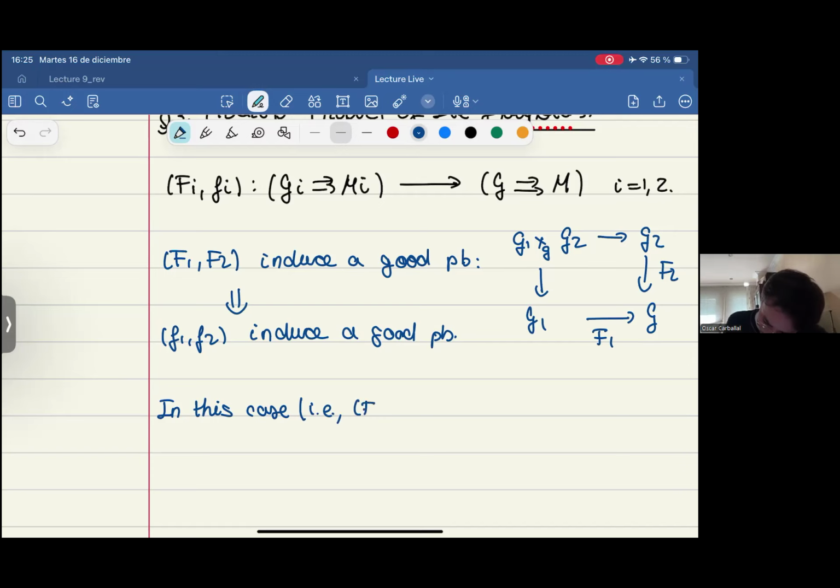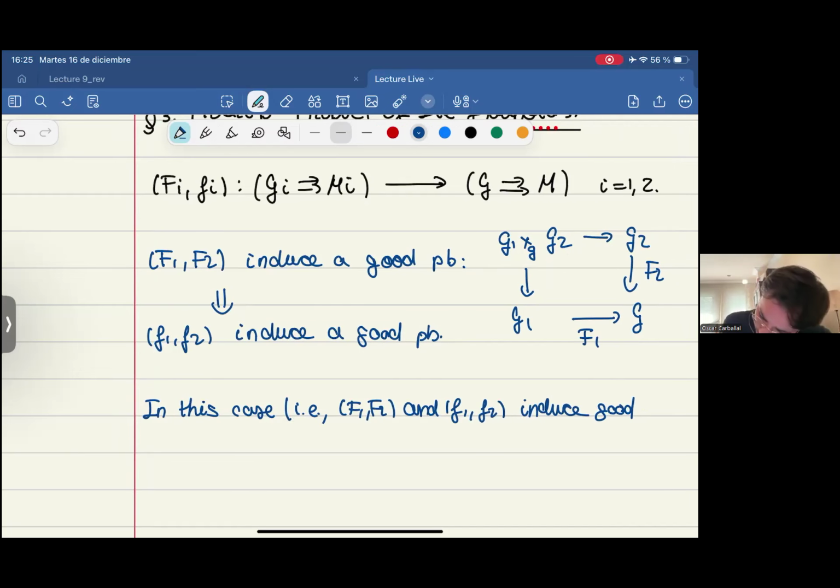That is, that F1, F2, and also the maps between objects both induce good pullbacks.